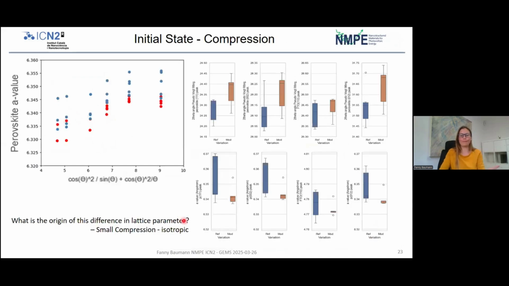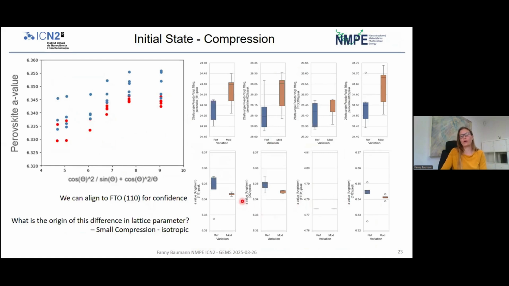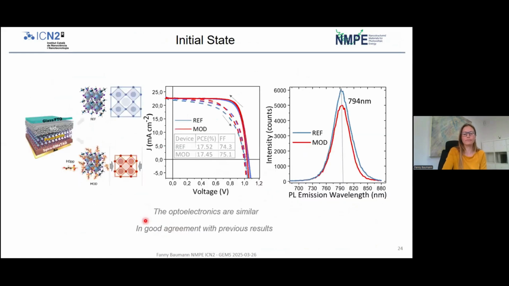So moving back again to our samples, we saw this initial compression. We also made an adjustment to align for this FTO 111 peak to make sure that what we saw was statistically viable, and this compression did not seem to affect the optoelectronic properties such as the band gap or the JV curve.